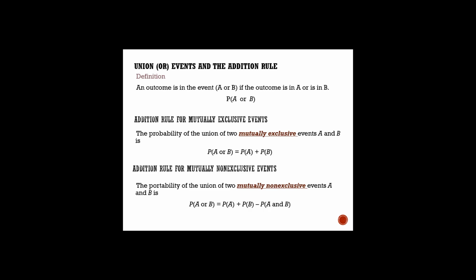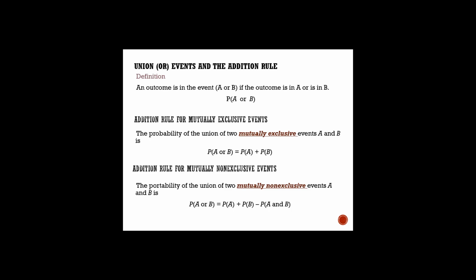You've got one person is randomly selected. You want the probability of the intersection, the and probability of the events female and ice cream, and you want the probability of the intersection of the events male and pizza. You should be able to use your contingency table to look up those probabilities.